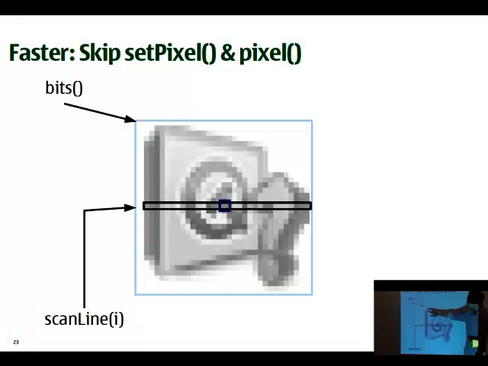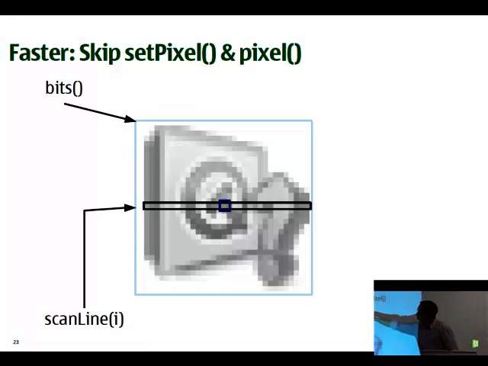So the first location in the memory will be the pixel at the top left corner, then it goes in that direction and goes to the next scanline and so on until the last pixel here. If you want to get the top left pixel, then you can use bits. This returns a pointer, which means that you can use this pointer to iterate through all the pixels in this image, as long as you know the width and the height, of course, which you should know anyway.